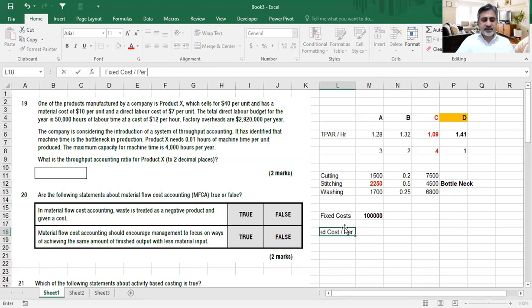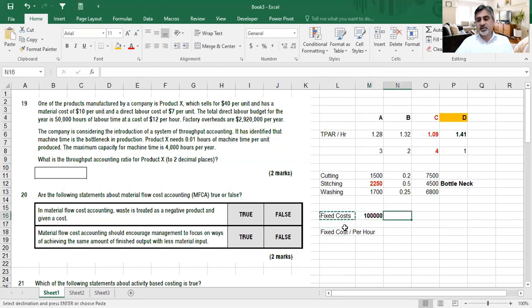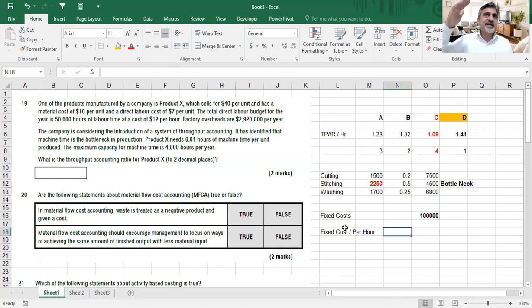I know that my total cost is 100,000, and when I ask how much is the cost per hour, what comes to your mind is that you should divide 100,000 by the number of hours. But then which hours? Cutting, stitching, washing, or a total of all three?